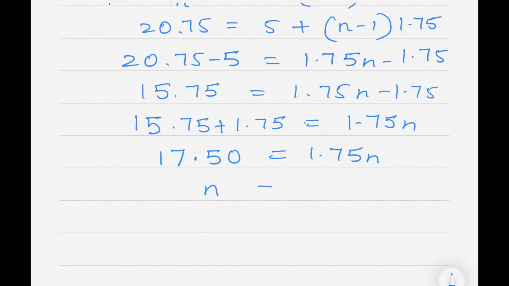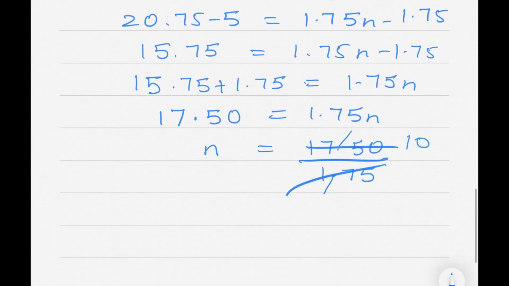So my n becomes 17.50 divided by 1.75. It's easy, it goes by 10, the decimal gets removed, and this is 10 times. So my n is equal to 10. That is my answer, because they said find n.